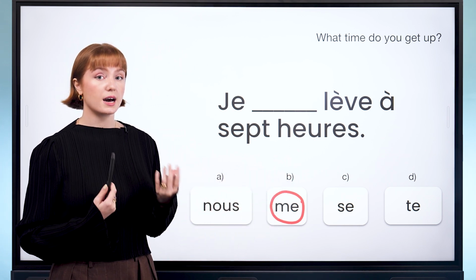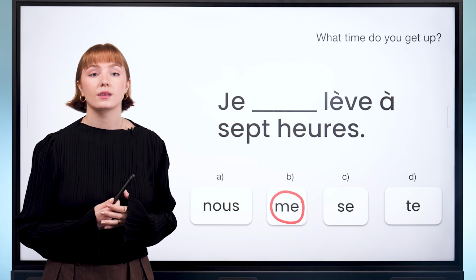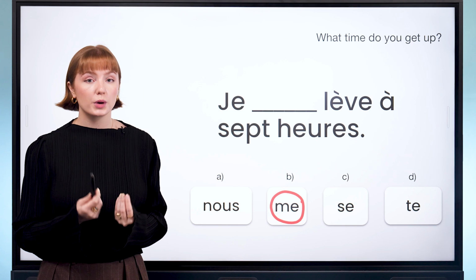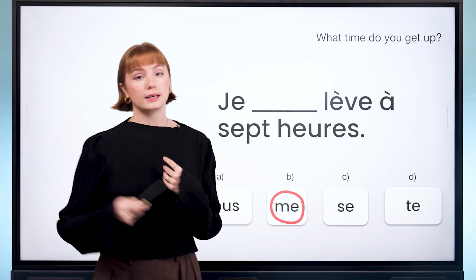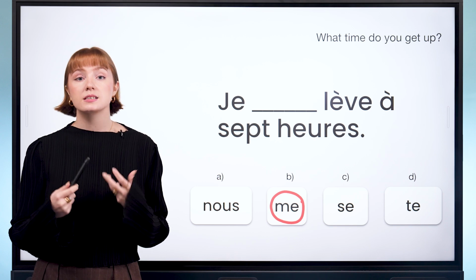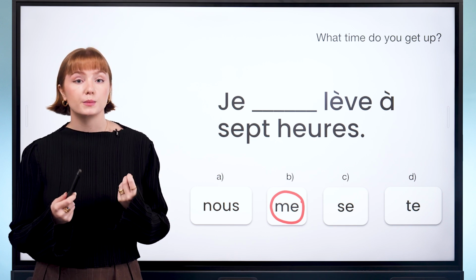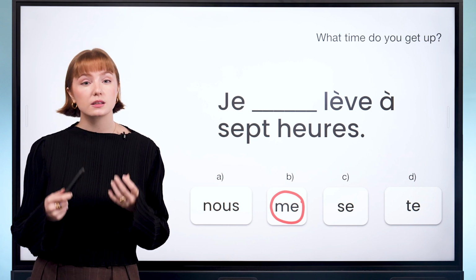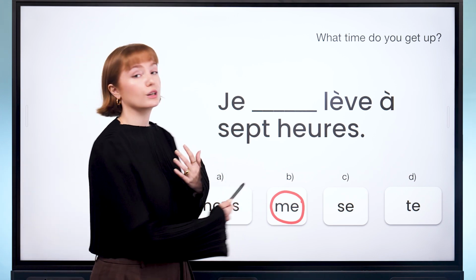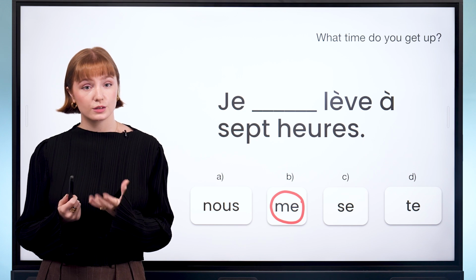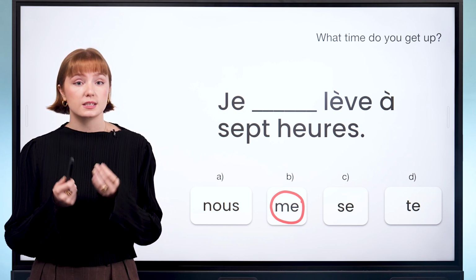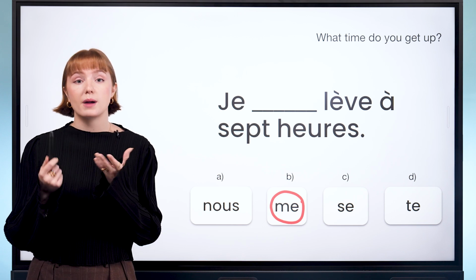Je me lève à 7 heures. I get up at 7 o'clock. We use me in this sentence because the verb se lever is a reflexive verb, which means the subject is doing the action to themselves. Me is the reflexive pronoun that matches je, I, and shows that I am the one getting myself up.